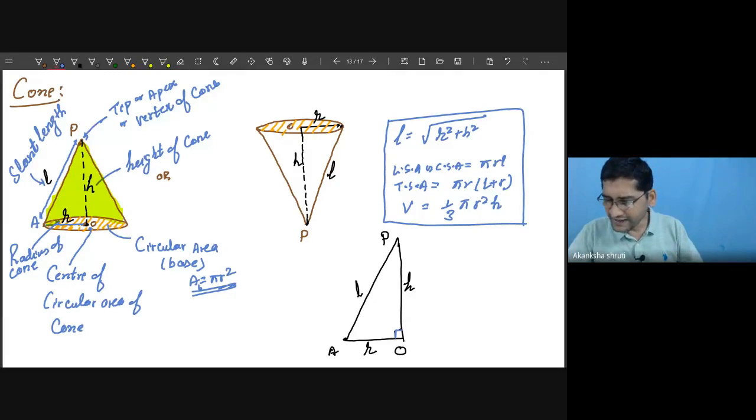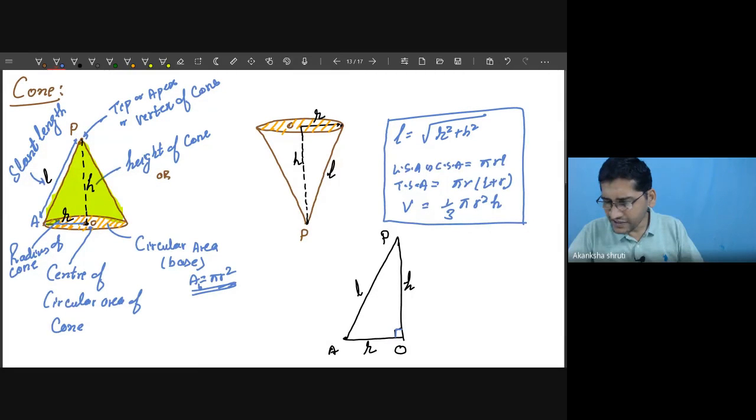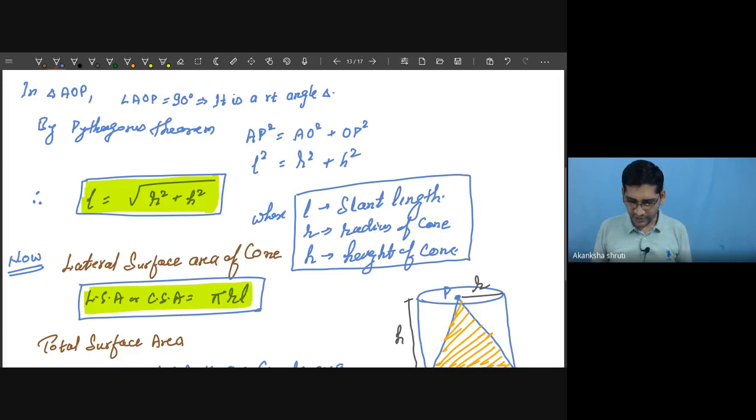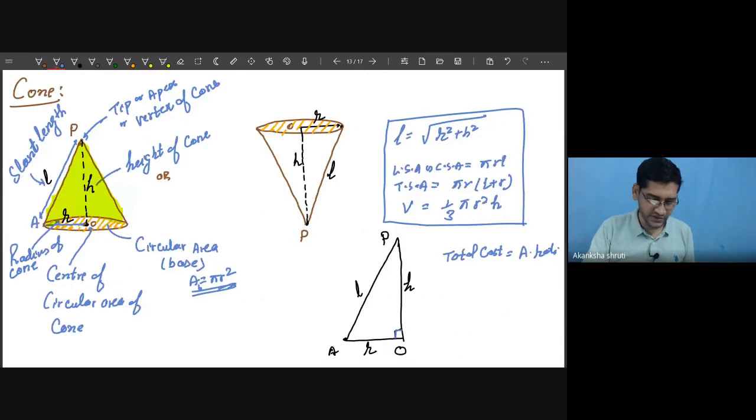Another thing, the total cost that we already know is obtained by the area multiplied by the rate. That we have learned earlier, and sometimes this is also useful. Now let us go for solving some questions based on this cone.